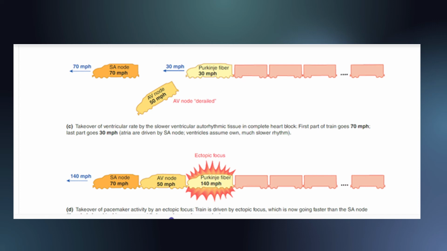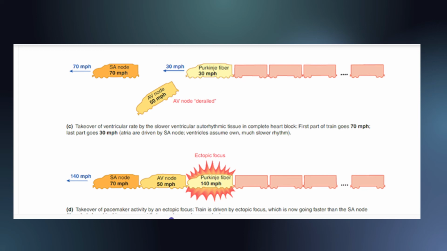So the atria are going to beat 70 beats a minute, but the ventricles are only going to do 30 beats per minute. The Purkinje fibers, as autorhythmic cells, will take up and pull the rest of it, but at a much slower pace.